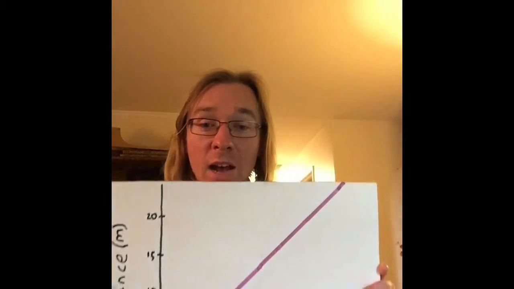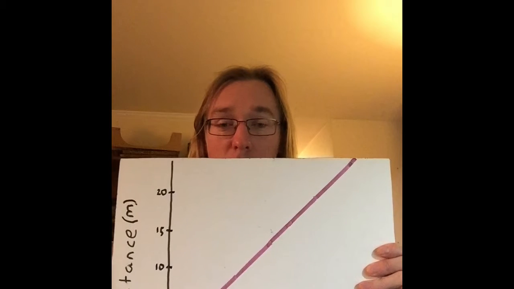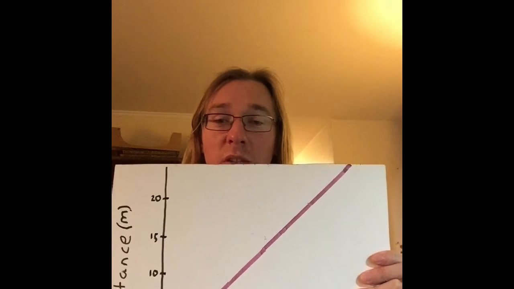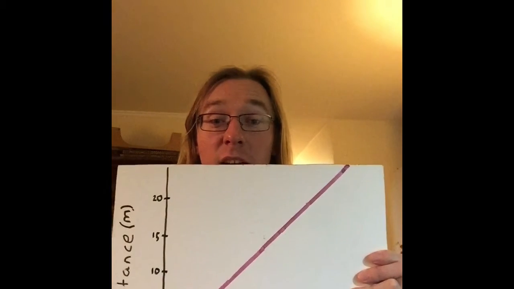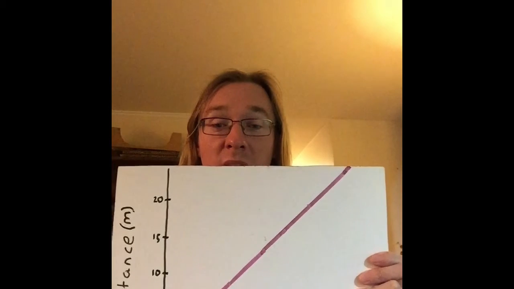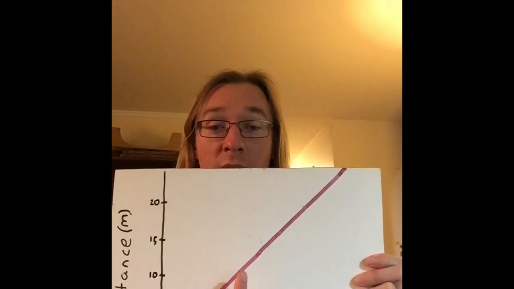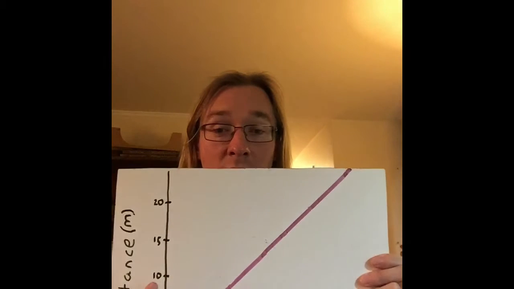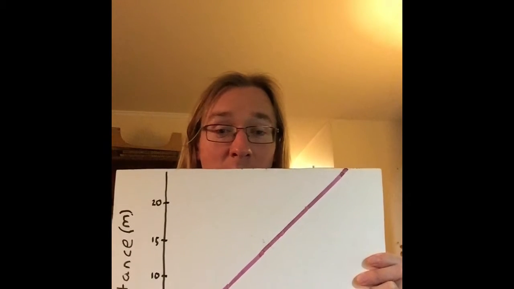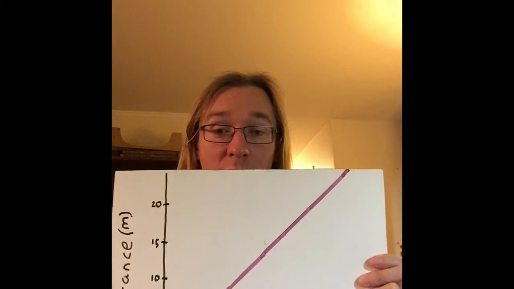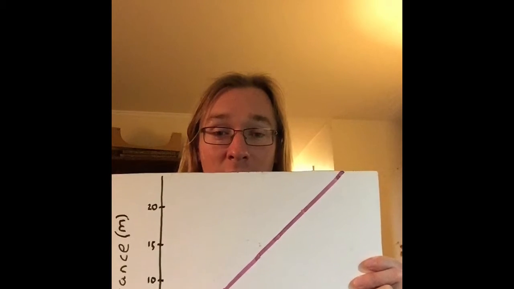So that's how you graph motion when we're talking about speed. And just for an example, I've graphed constant speed. So this graph represents constant speed because it's a straight line. And if you were to take any point on this graph, and you did the distance, whatever the number is for that, divided by whatever the corresponding number is for time, you would get the same answer.